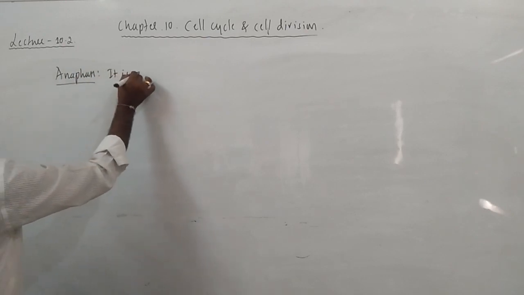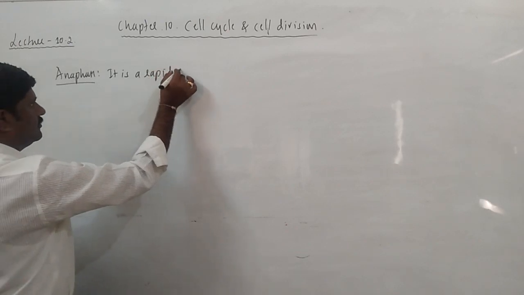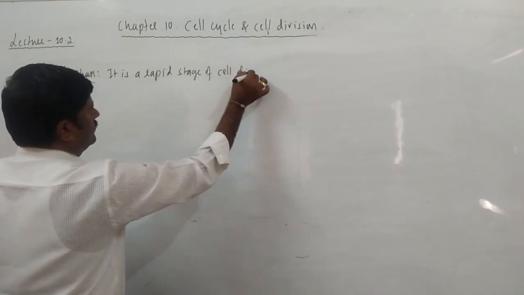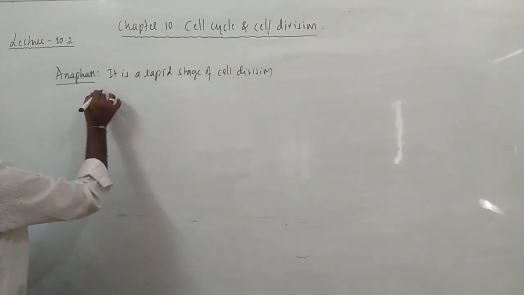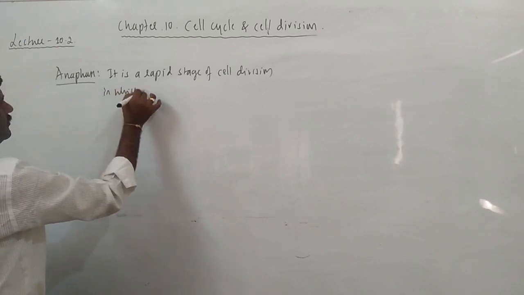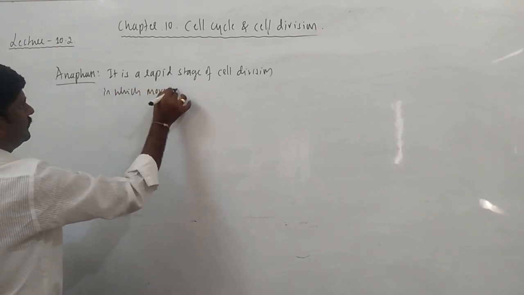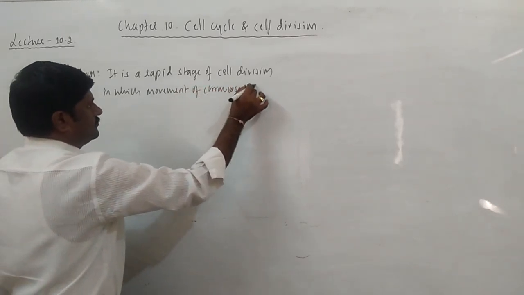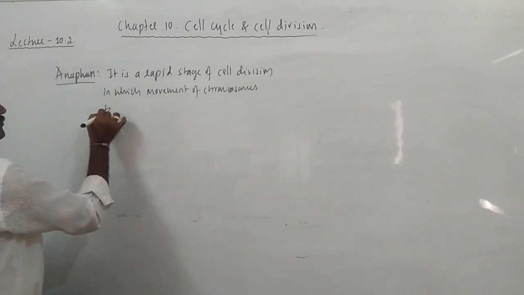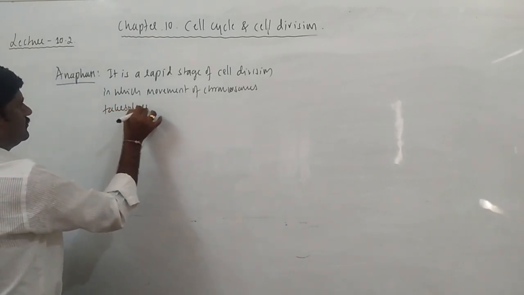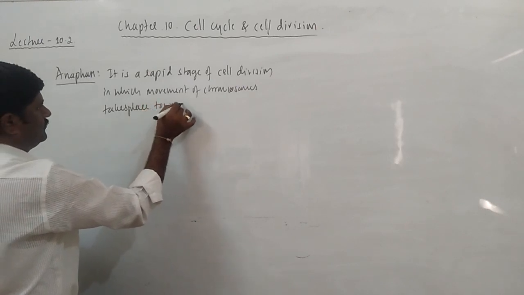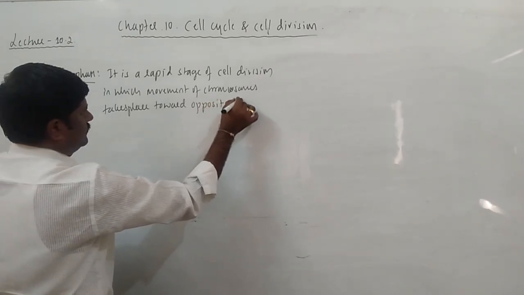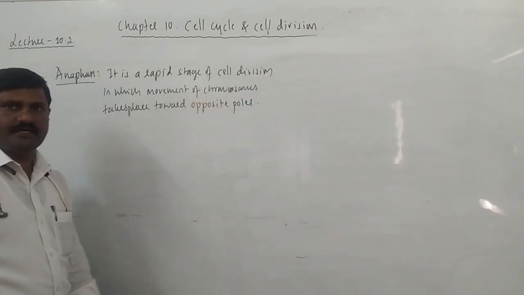It is a rapid stage of cell division in which movement of chromosomes takes place towards opposite poles of the cell.